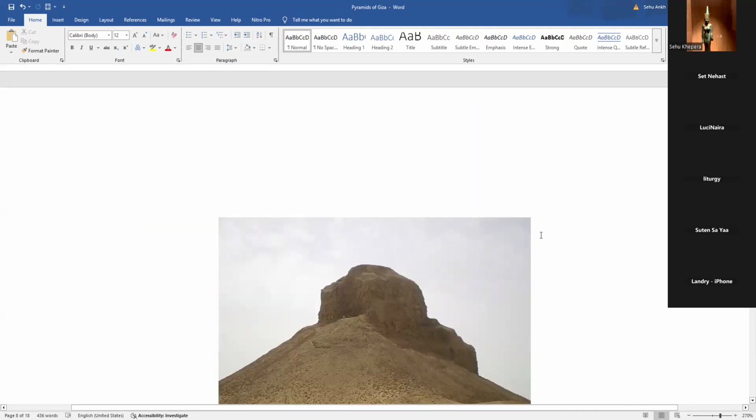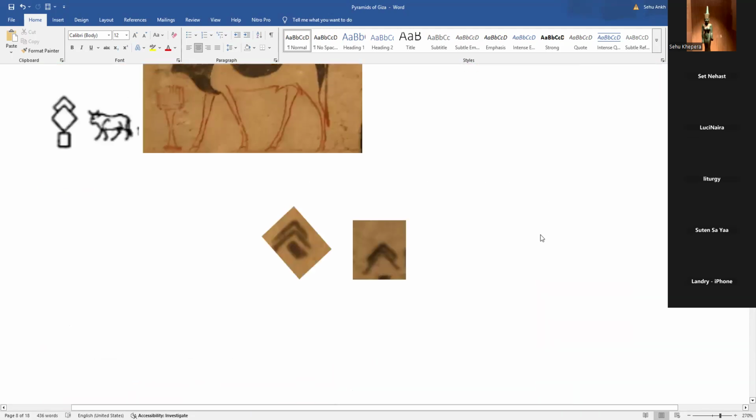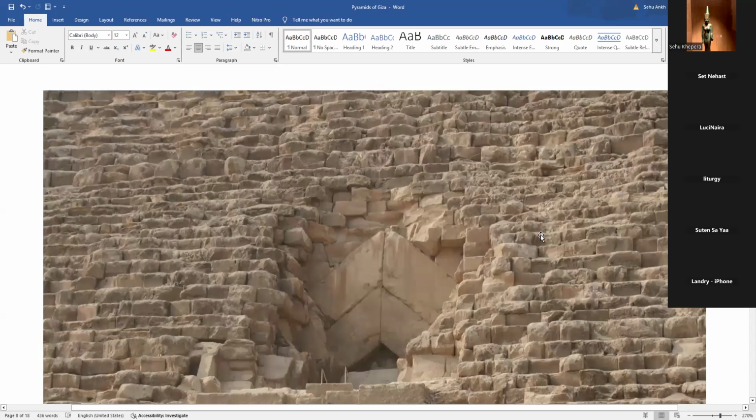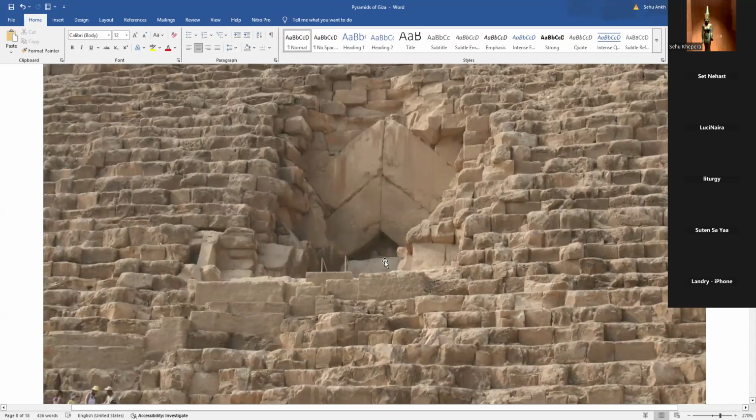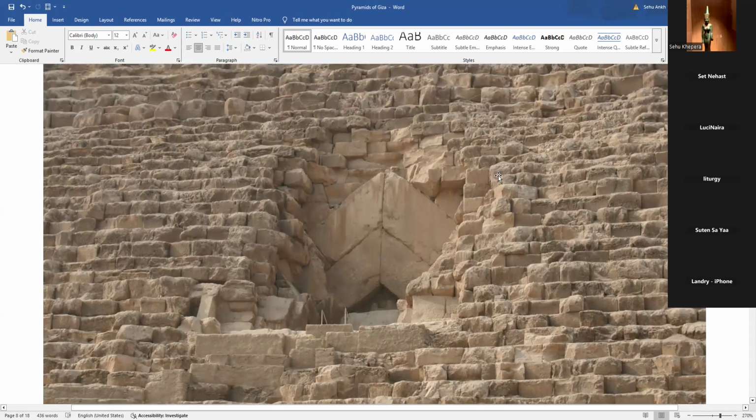And recall, you are going in here under the symbol of Happy Asar and entering into this structure that is referred to as a pyramid. Original name is Mer.